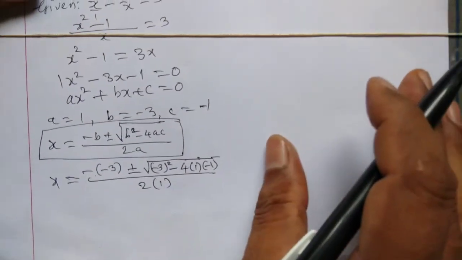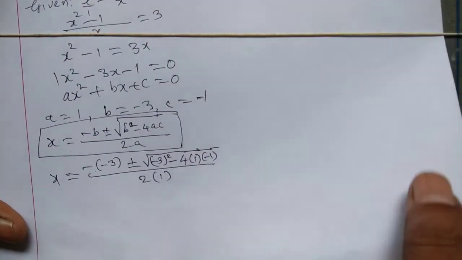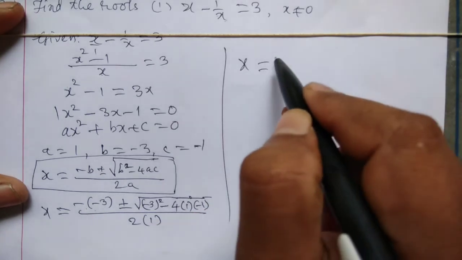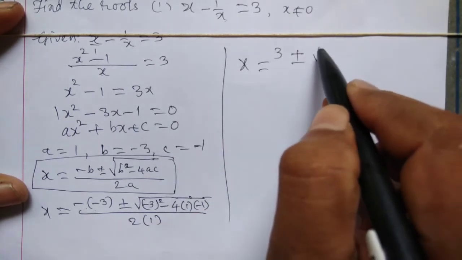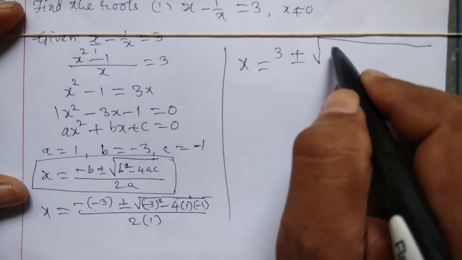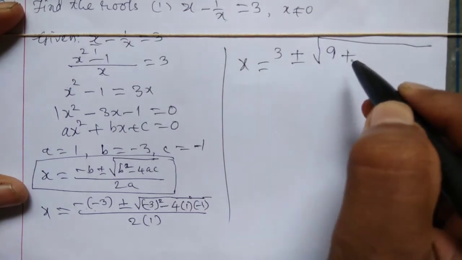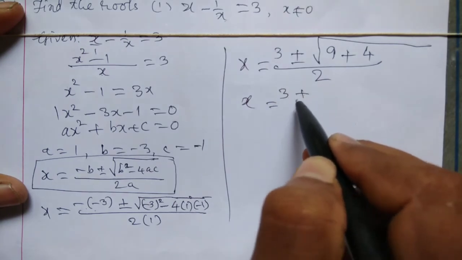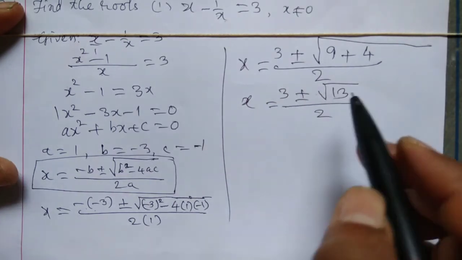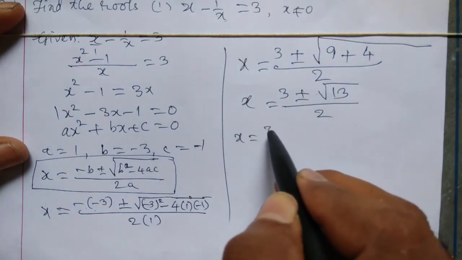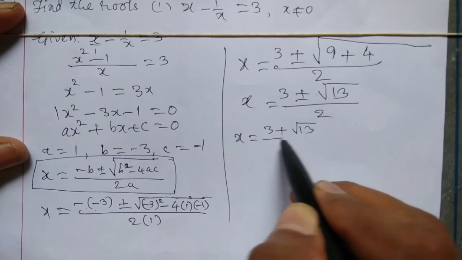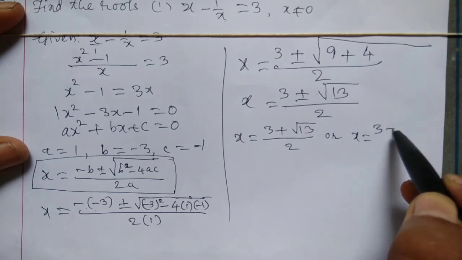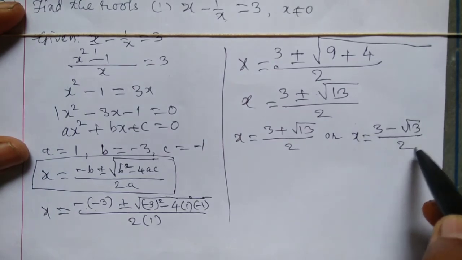x is equal to minus of minus, plus 3 plus or minus under root of 3 threes are 9 minus, minus plus 4 ones are 4, by 2. x is equal to 3 plus or minus under root of 13 by 2. x is equal to one time plus, 3 plus under root of 13 by 2, or x is equal to 3 minus under root of 13 by 2.